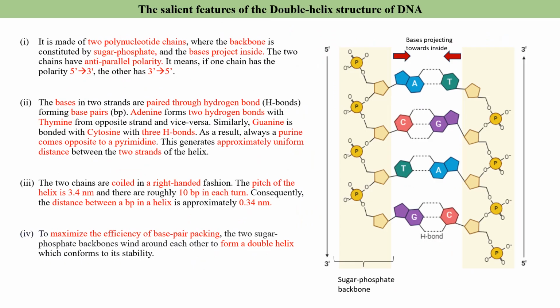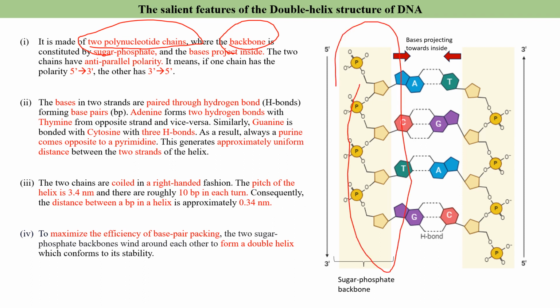Yes. So coming to the salient features of the double helix of DNA, it is a two polynucleotide chain and the backbone is made up by sugar phosphate moiety. The sugar phosphate backbone is there, you see, and the bases project towards inward.